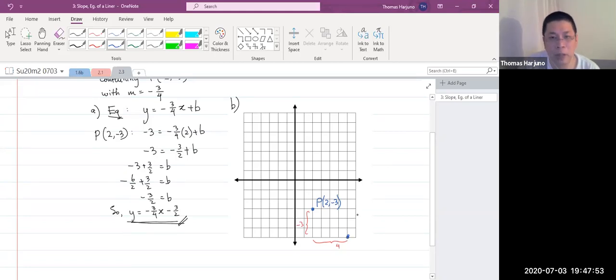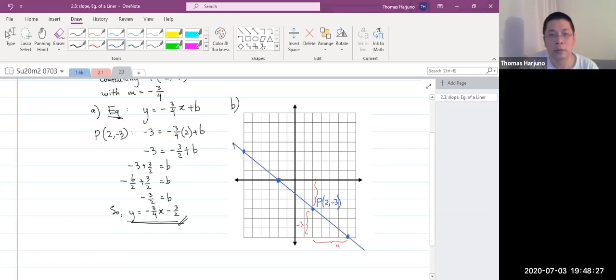And we can repeat that again. Instead of going down 3, I can go up 3, back up 4. So the other two extra coordinates are on these coordinates here. Now then, once you put those coordinates, you can draw the line now.